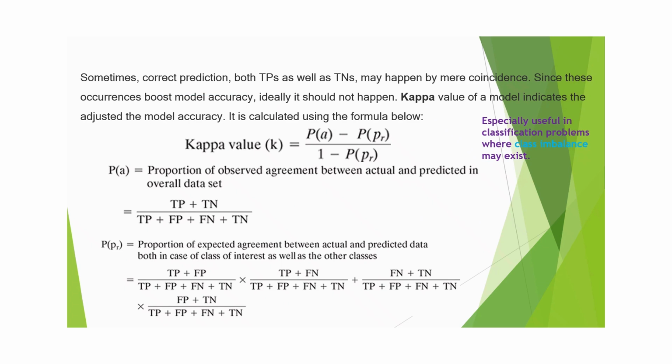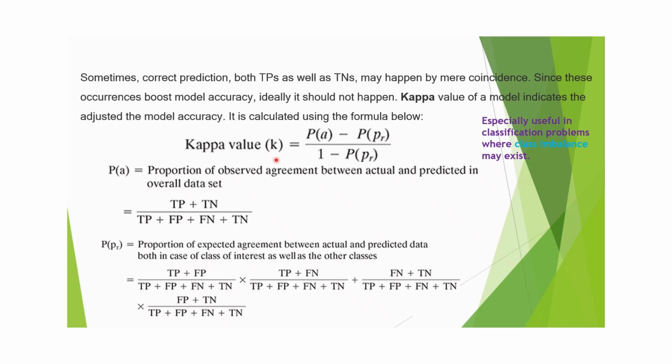Sometimes correct predictions, both TPs as well as TNs, may happen by mere coincidence. Since these occurrences boost model accuracy, ideally it should not happen. Kappa value of a model indicates the adjusted model accuracy. It is calculated using the formula below. And this kappa value is mainly useful when we have a class imbalance problem in the dataset.